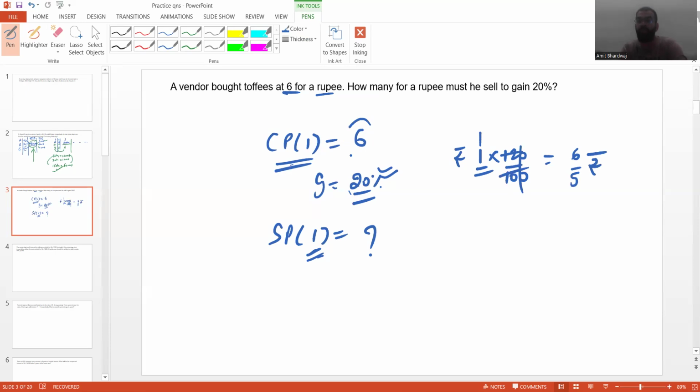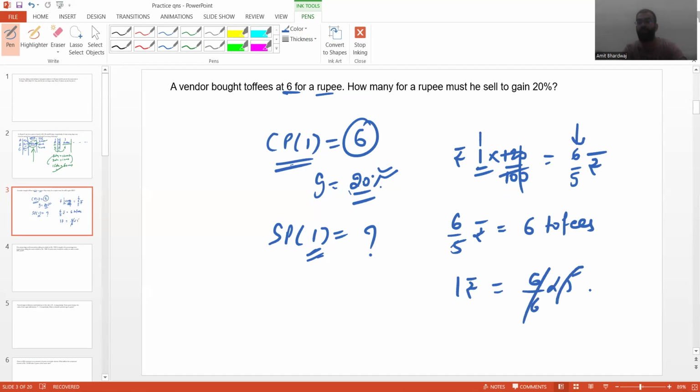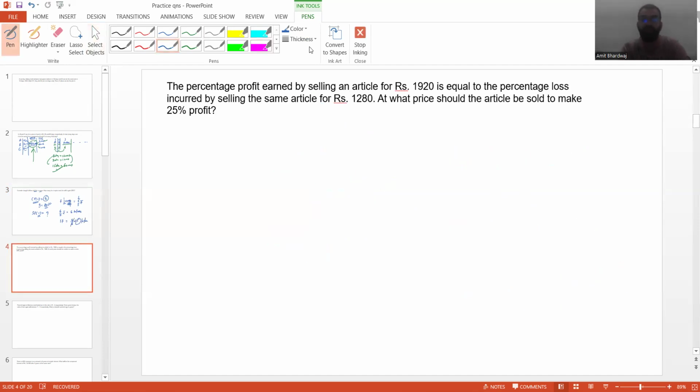So the 6 toffee he bought at rupee 1 but sold at 6 by 5 rupee. So you can easily say, for 6 by 5 rupee a vendor sold 6 toffees. So how many toffee will the vendor sell at 1 rupee? So 6 by 5. Your answer will be 5 toffees. Okay, done. Question number next.